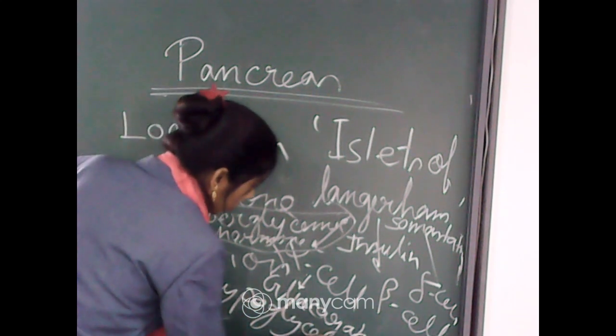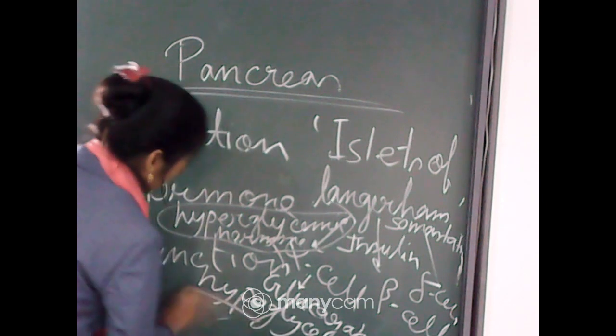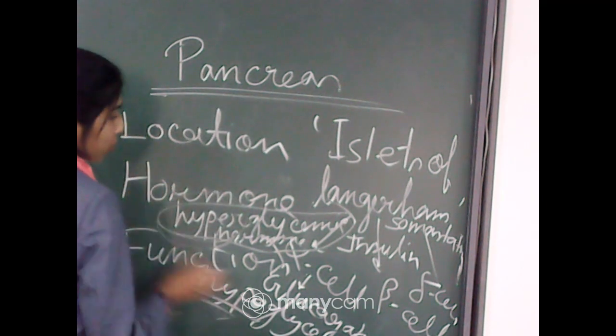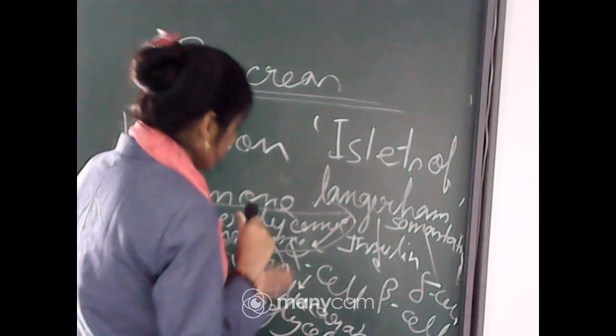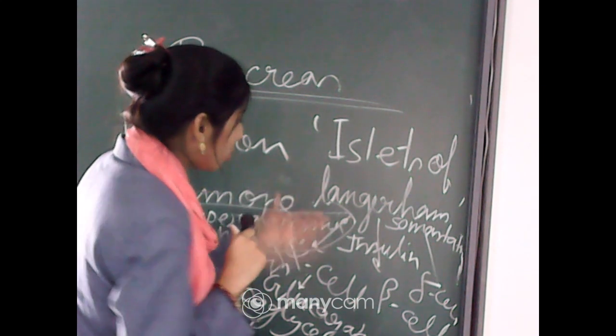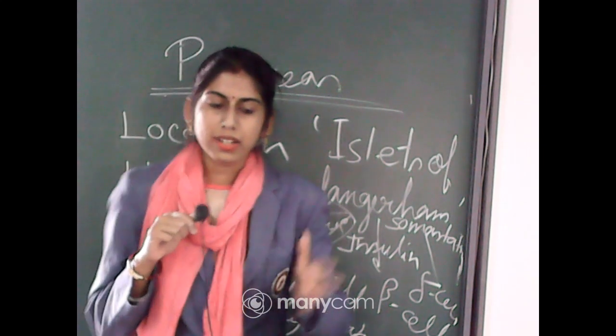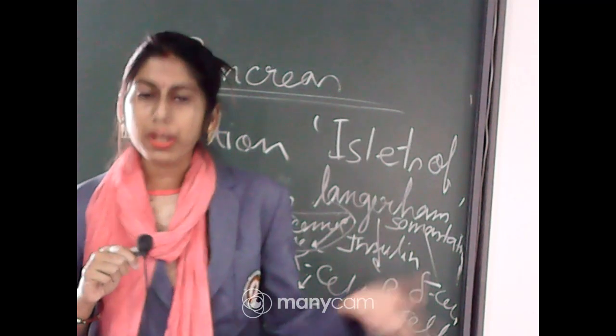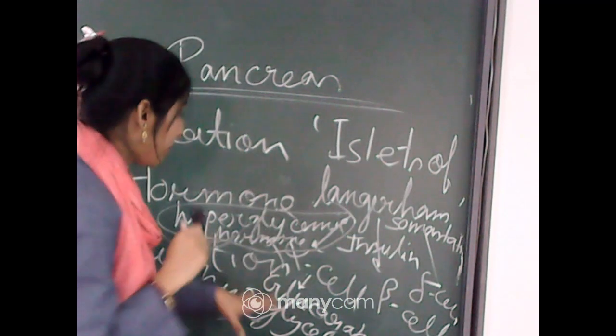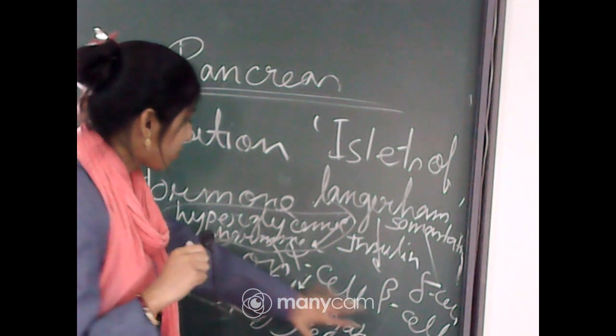As you know, hypo means less and hyper means high. When the blood glucose level is increasing, this condition is called hyperglycemia, and this is done by the glucagon which is released from the alpha cell.